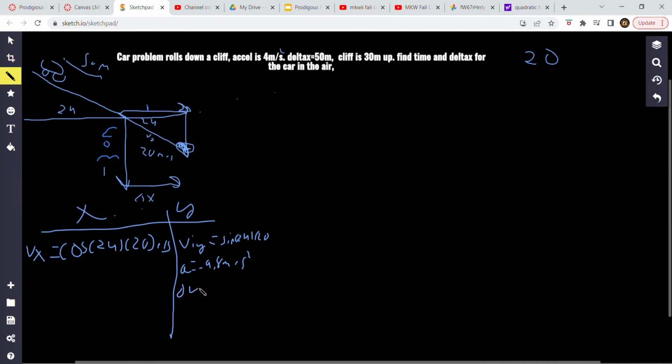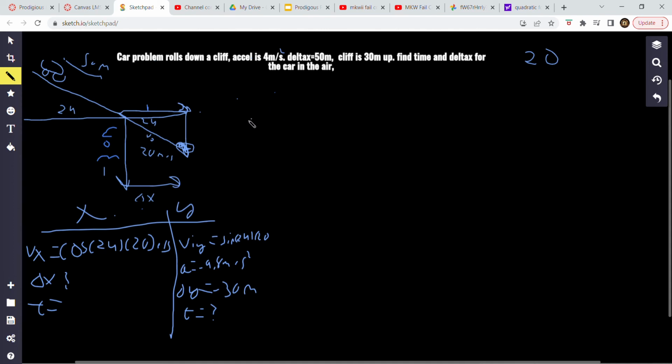Delta y is equal to minus 30 meters. We're looking for t, we don't know that, so put a big old question mark. And we're looking for delta x, so put a big old question mark. So the first thing we're going to have to do is solve for time.